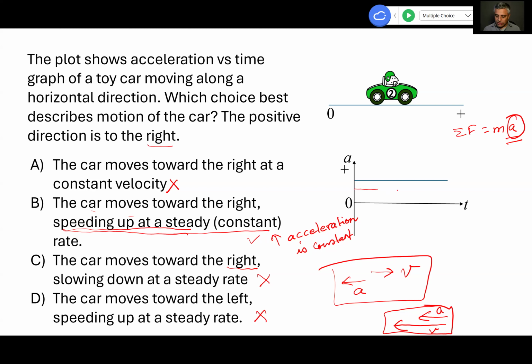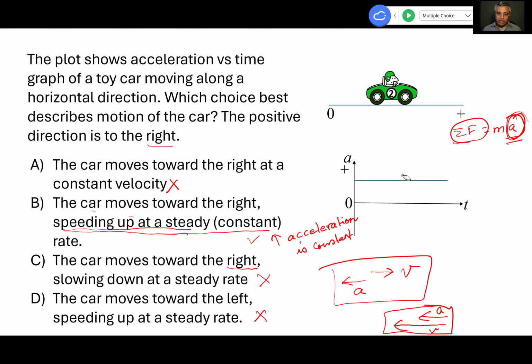If acceleration is on the positive side, force has to be on the positive side as well, because they are proportional, as we can see from here. So basically, the force and acceleration graphs are going to look the same. One may be a little larger than the other depending on mass, but the nature of the graph is going to be the same. Keep that in mind while doing that.